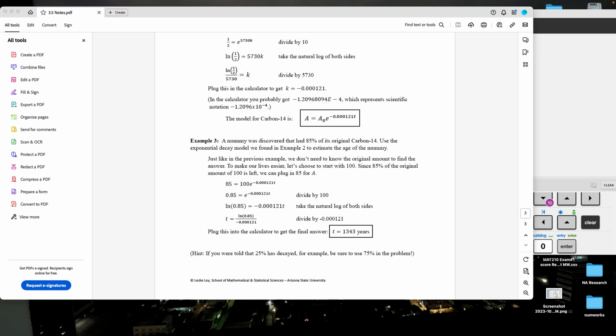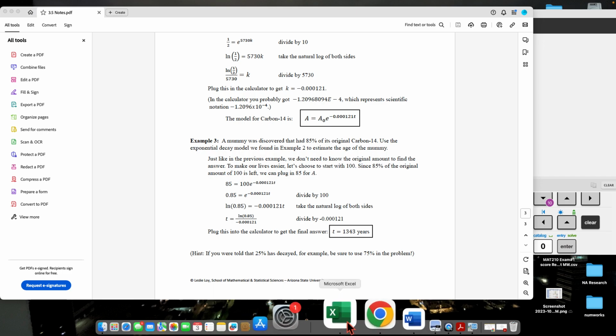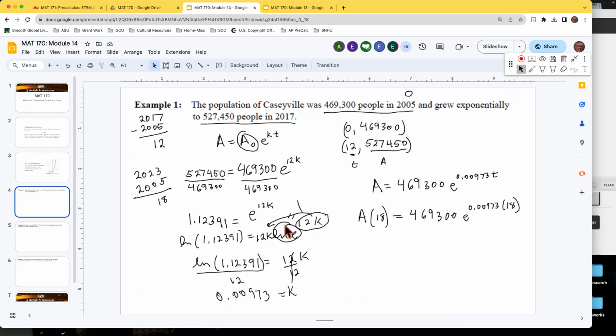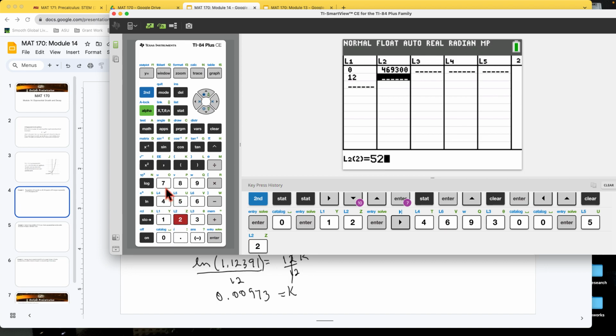Okay. And then 527,450. So we've got our 2 values in there.